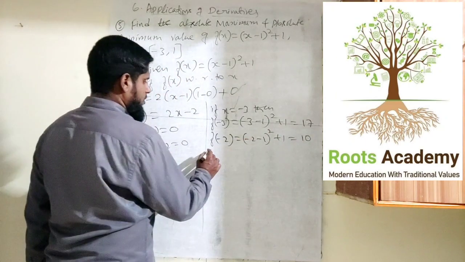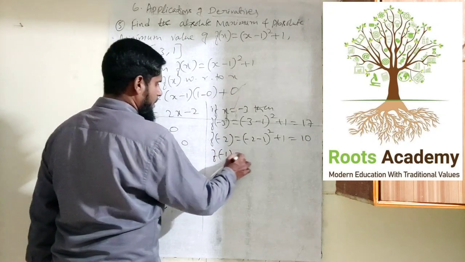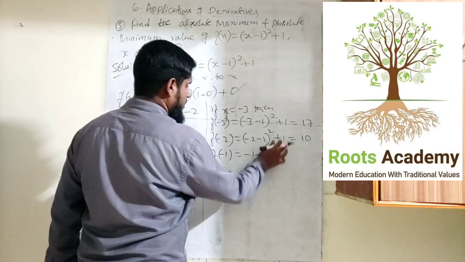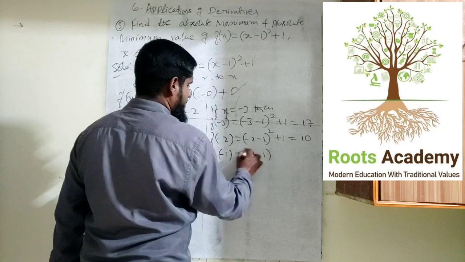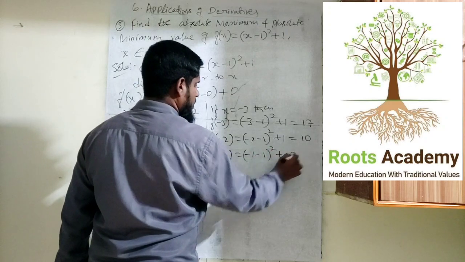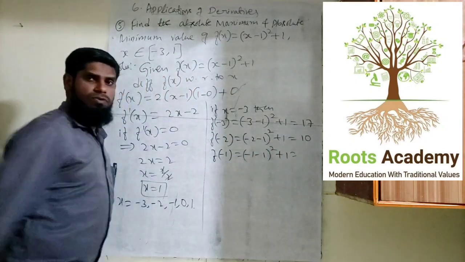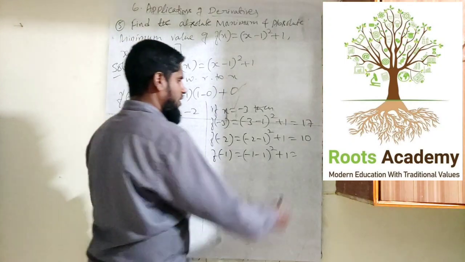The next, x is equals to minus 1: (minus 1 minus 1) whole square plus 1, minus 2 whole square is 4, 4 plus 1 is 5.